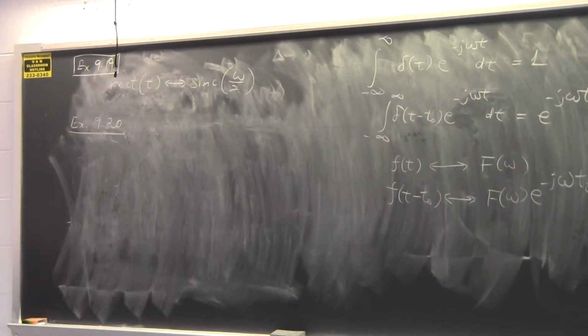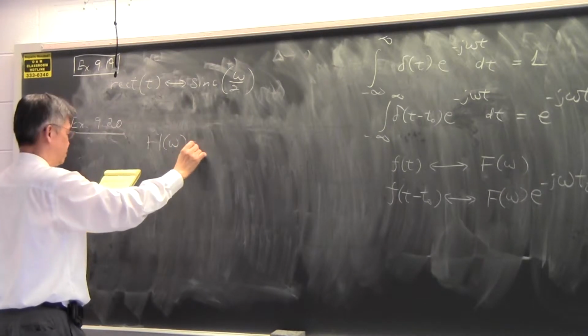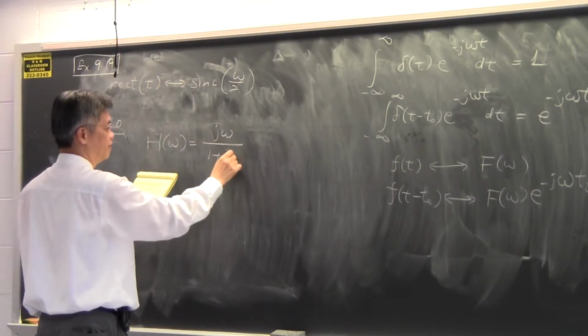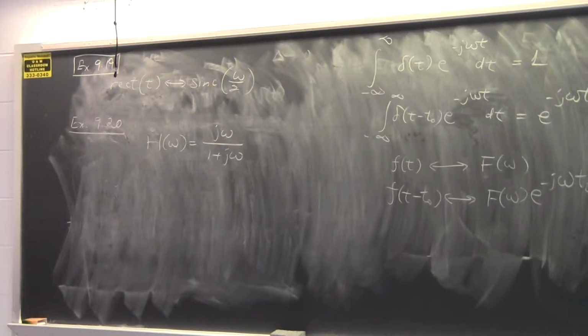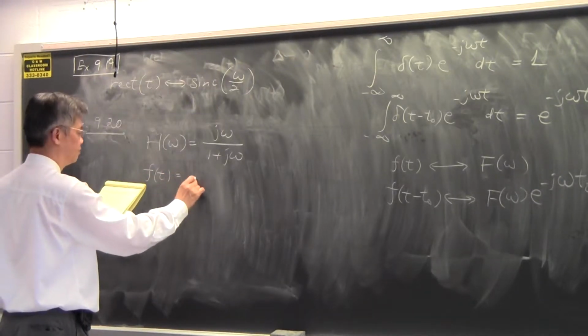Okay. So in this example, you're given the fact that the frequency response of the transfer function is given by this quantity over here. So you're asked to find what the output is if the input f of t is a rect function.